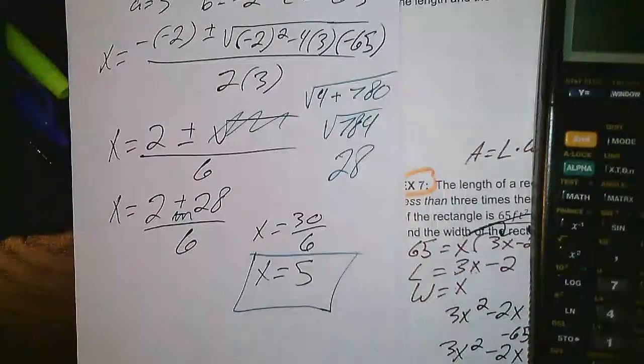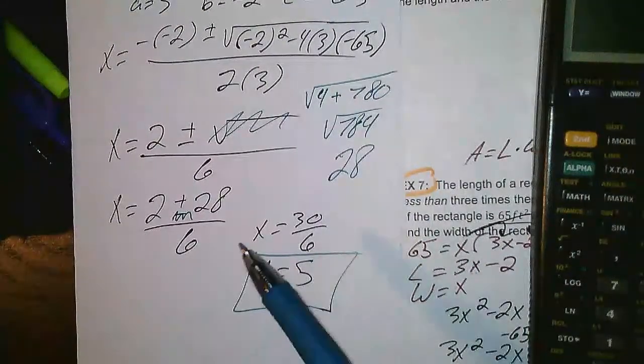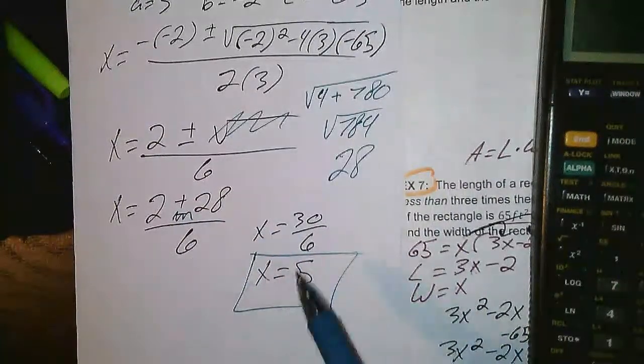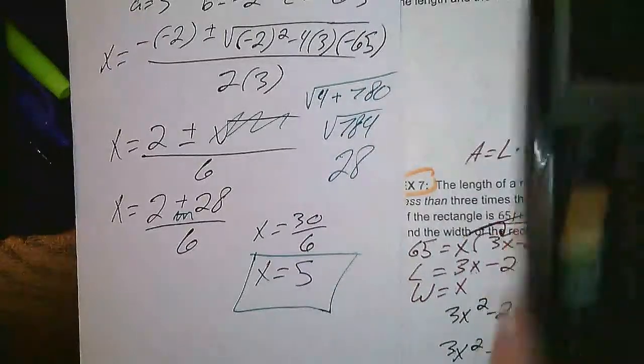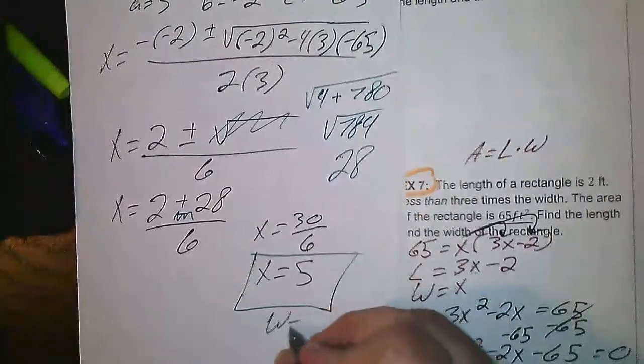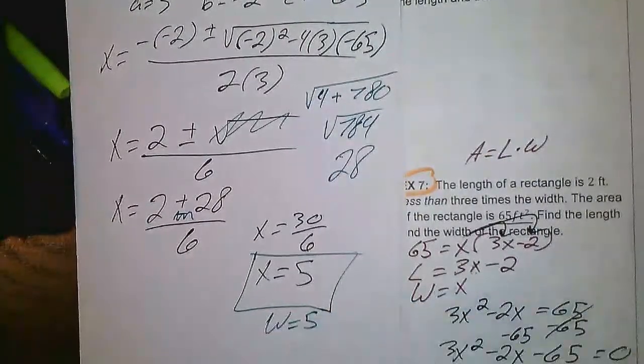Again, if this were just a quadratic equation problem, then a negative answer would be fine. But in the word problems, we discard the negative answer. We only accept the positive one. So this was the, what variable? The width. So the width is 5.